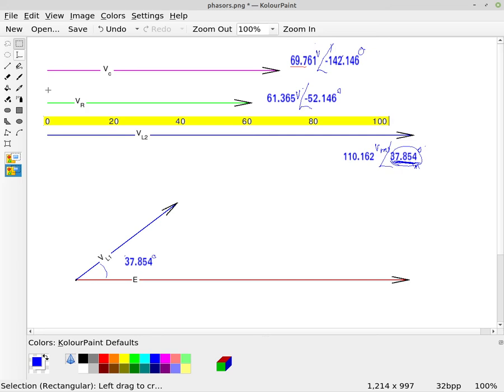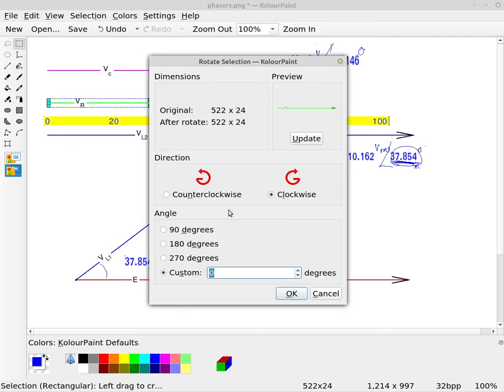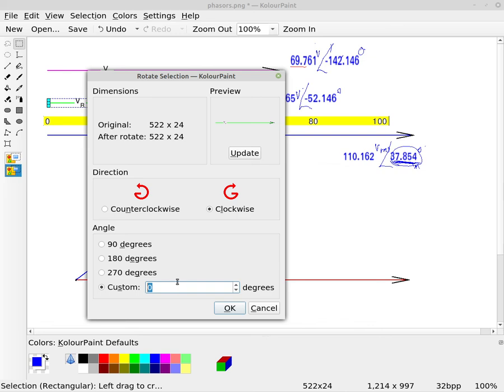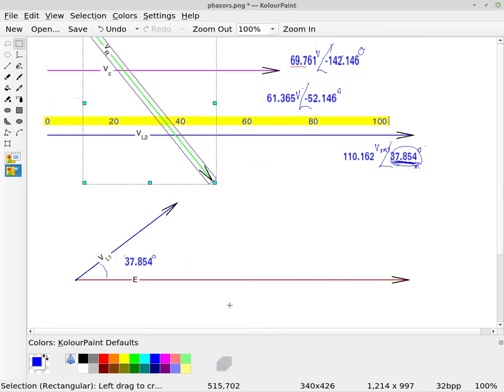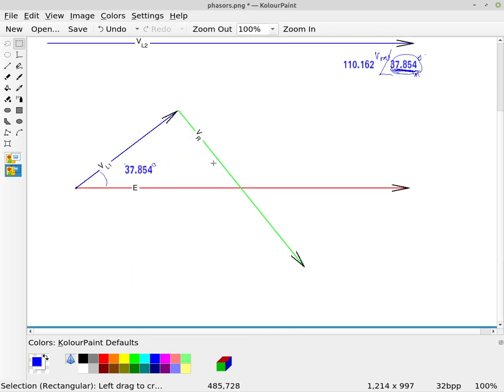And re-grab my R, selection, rotate, and clockwise 52 degrees. Okay, and so then that now is going down, and I'm going to tag that right on. So I got VL, so I'm doing VL plus VR. So now I'm way down here.